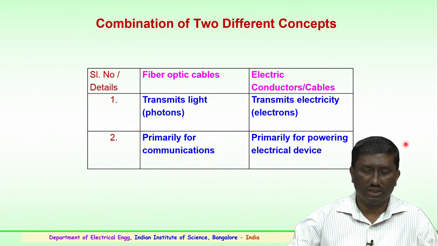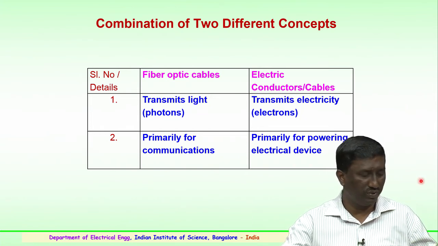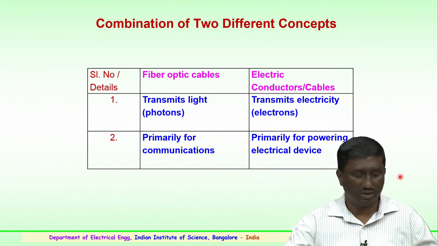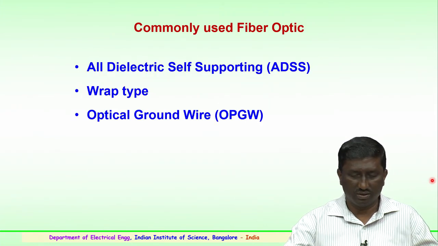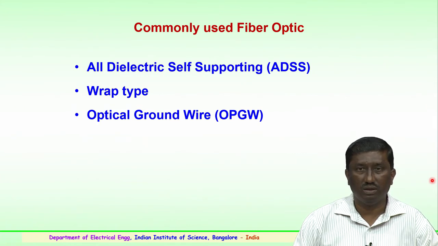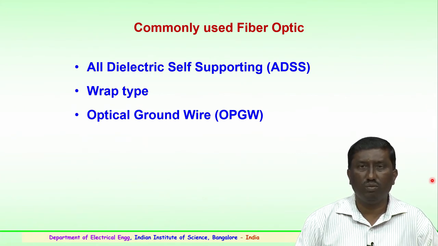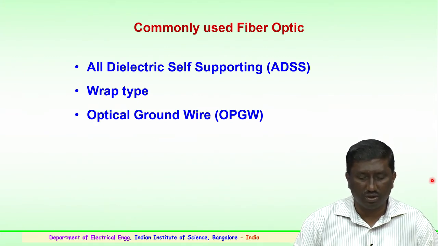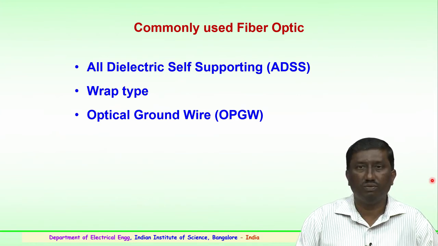So, these are the two major different concepts which are being embedded together for the optical ground wire, which is commonly used presently in transmission or distribution, or being adopted as a technology of various types.